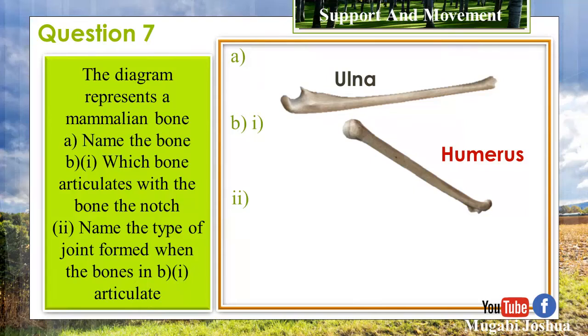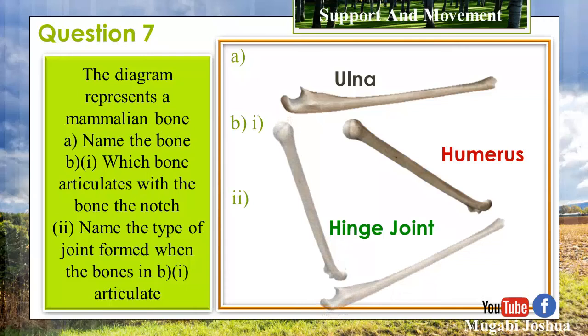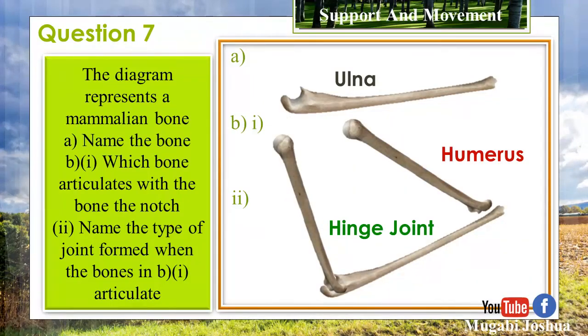Which type of joint is formed? Now, when you look at them, they form a joint which is called the hinge joint. The hinge joint moves in only one plane. So the ulna and the humerus form a hinge joint.